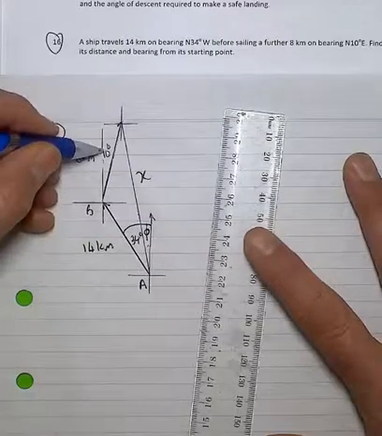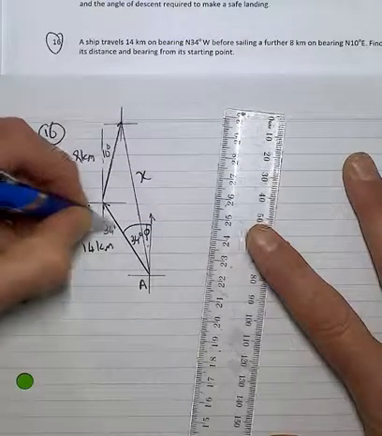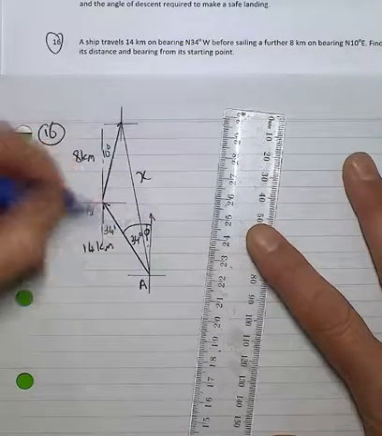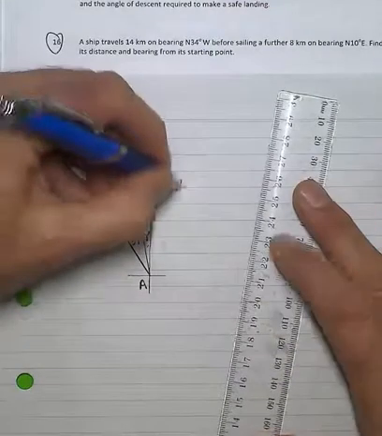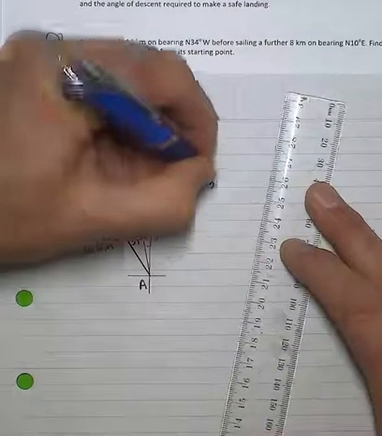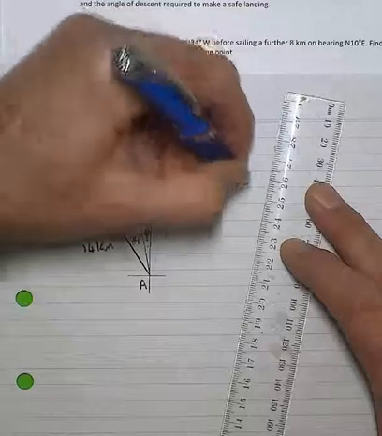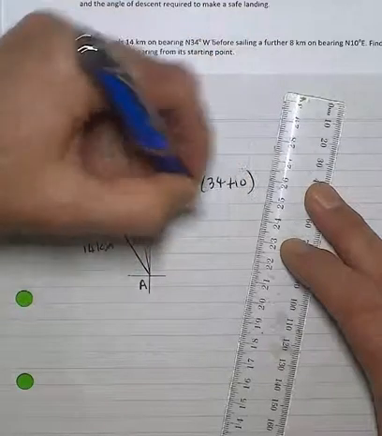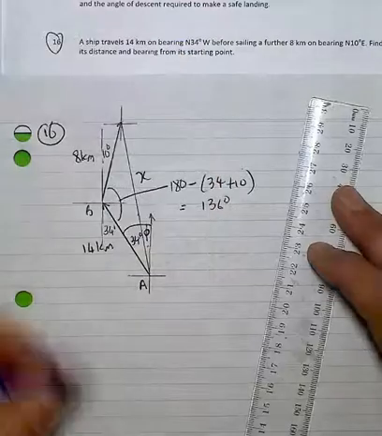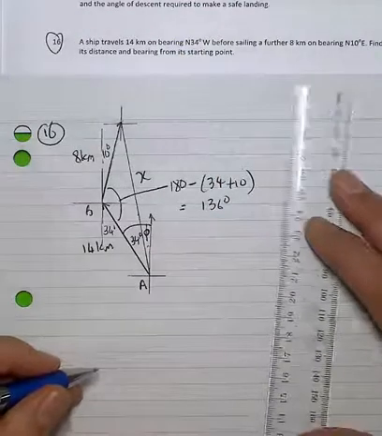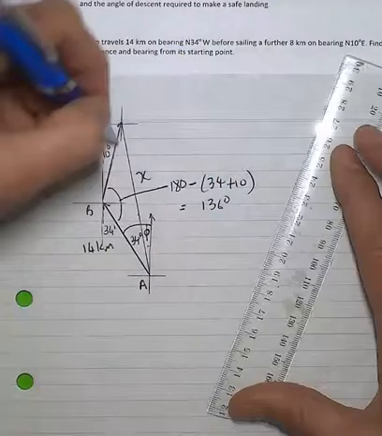I've got 10 degrees there. I have a 34 degrees there. The Z rule's in play. So this missing angle is 180 less 34 plus 10, which is going to be 136 degrees.